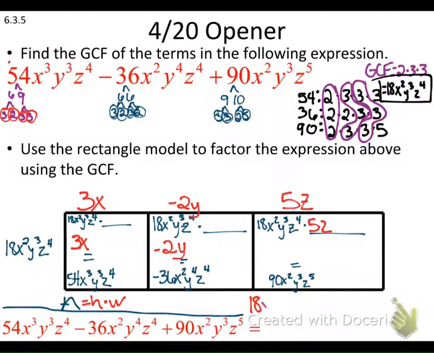Good. 18x squared y cubed z to the 4th. I'm going to put it in parentheses because I have more than one width. And I'm just going to plug those in. So I have 3x minus 2y plus 5z. Close my parentheses. And how do I finish off my answer? Box it.